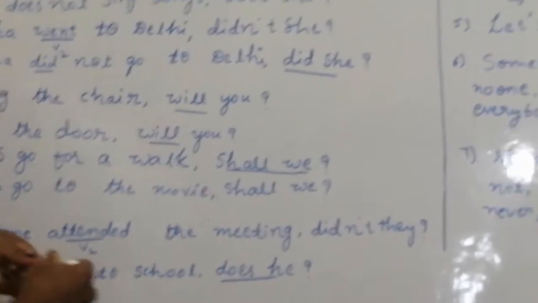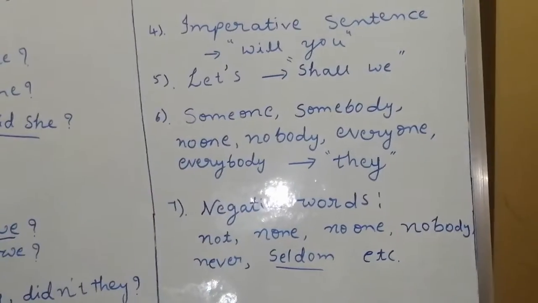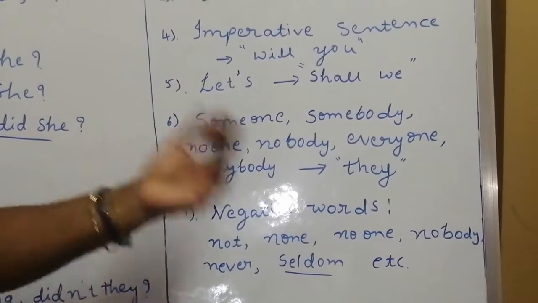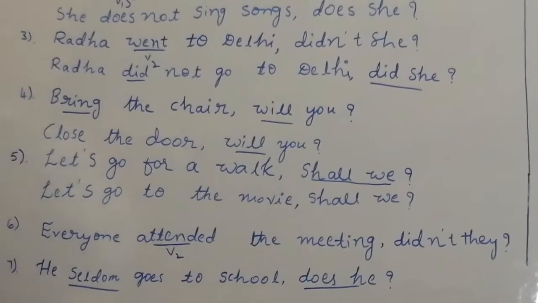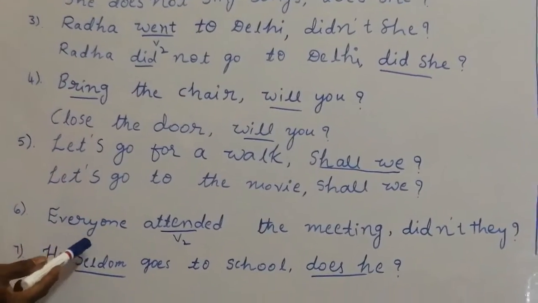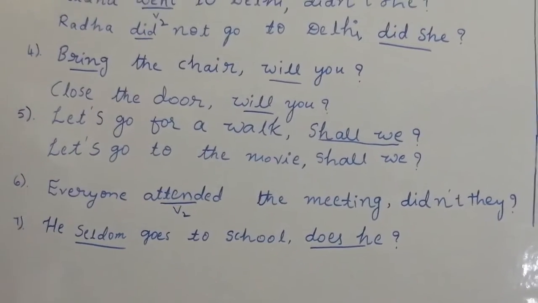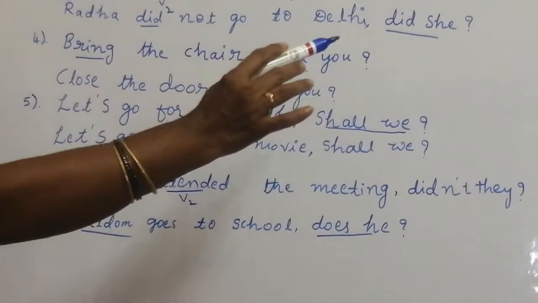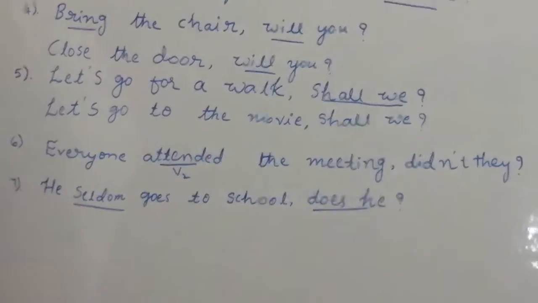And next, one more thing. If the sentence starts with someone, somebody, no one, nobody, everyone, everybody, which question tag comes here? They. For example, everyone attended the meeting. Whenever everyone, someone, somebody, nobody, no one is there, then we use they.